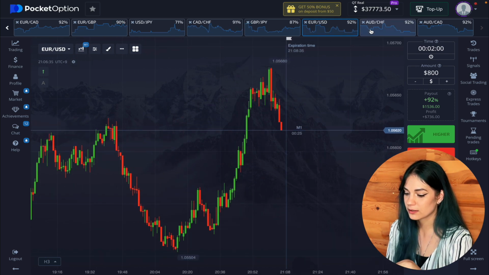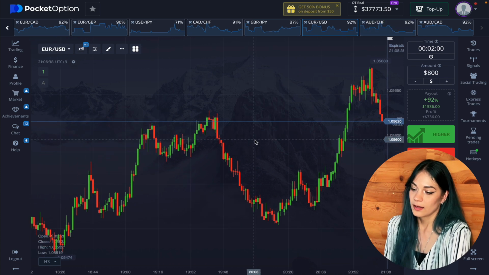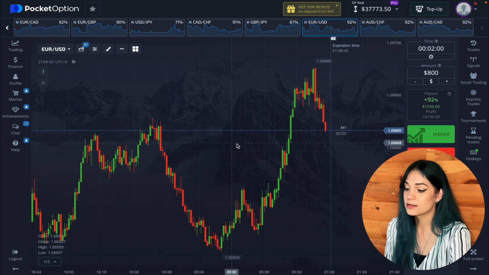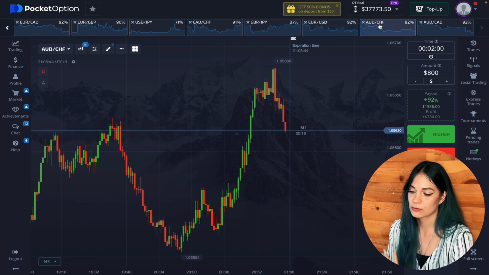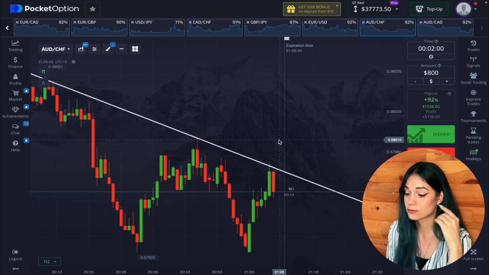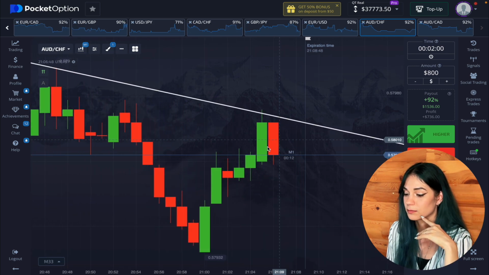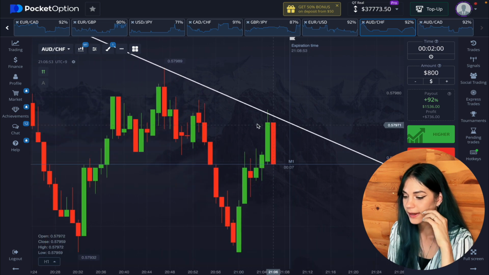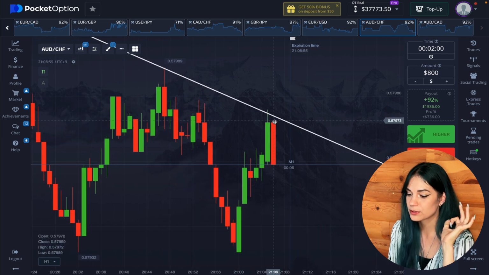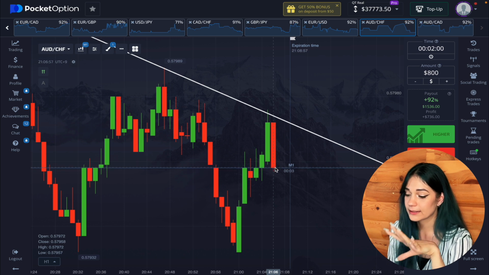But for now, we're gonna try to find the resistance and support lines, even though the market right now is full of trends, really aggressive trends, by the way, but we're gonna try to find something. So for example, right here, an example with the trend, we have the jump of the price from the trend line, good red candlestick.